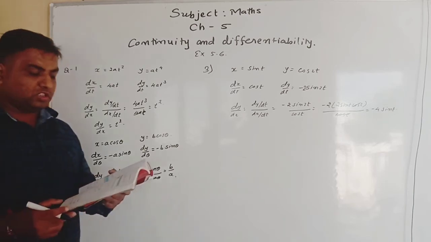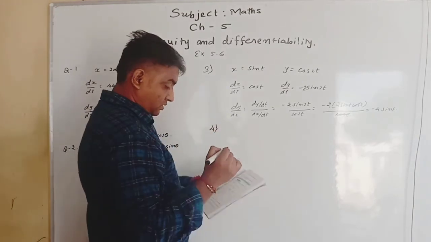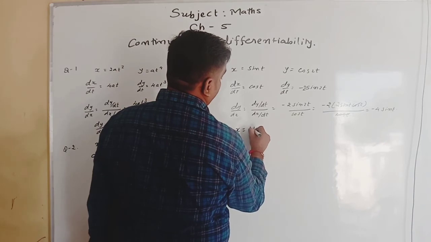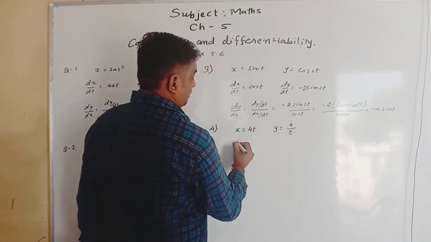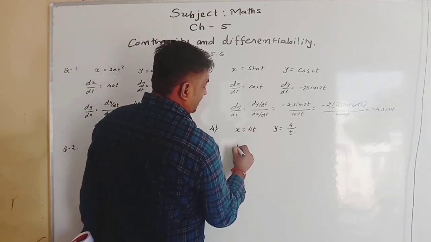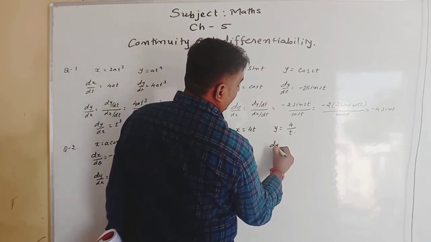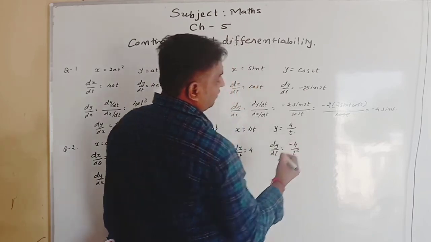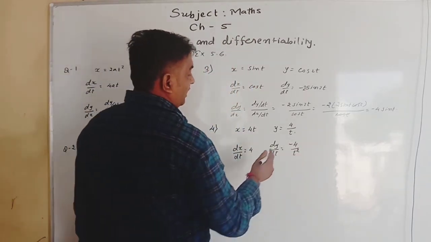Now the fourth question we have x equals to 4t and y equals to 4 upon t. So with respect to t we take the differentiation, and dx by dt equals to 4 and dy by dt equals to minus 4 upon t square, as we know that 1 by t differentiation is minus 1 upon t square and into 4.